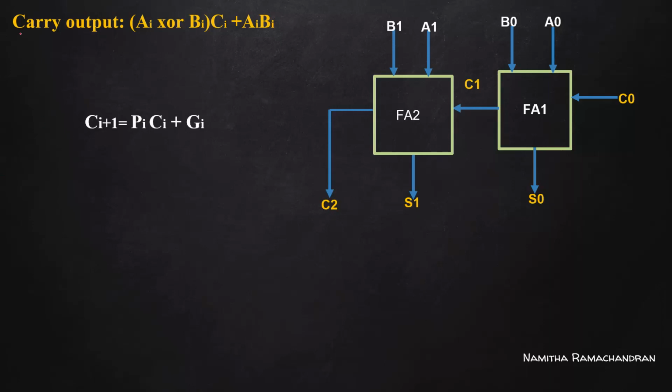So here we know that the carry output expression is (Ai XOR Bi) AND Ci, OR Ai AND Bi. This can be rewritten like this: Ai XOR Bi is the propagate term, so Pi AND Ci, OR Ai AND Bi is the generate term, so Gi.